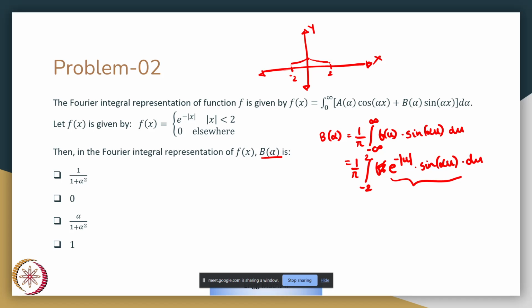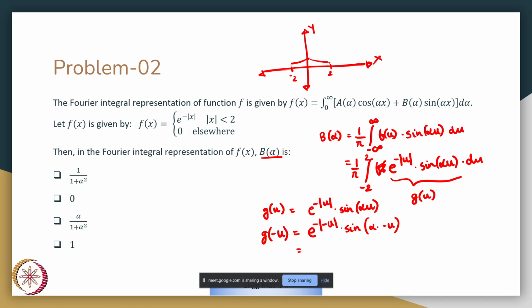You can see that if I rewrite this as g of u, so my g of u is e raised to minus mod of u sine of alpha u. And if I now calculate g of minus u, it will be e raised to minus mod of minus u sine of alpha times minus u.